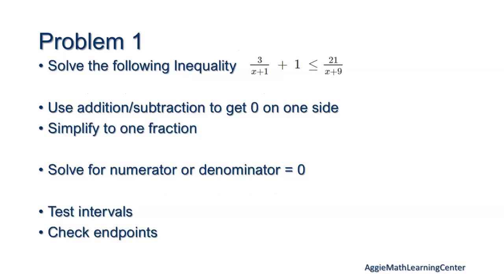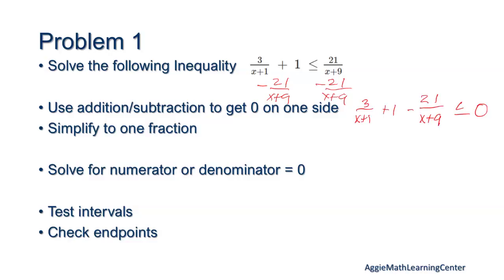So I'm going to subtract the 21 over x plus 9 so that we get it on the left-hand side. And so we're left with 3 over x plus 1 minus 21 over x plus 9 is less than or equal to 0. So that's the first step: you want to get everything on one side.